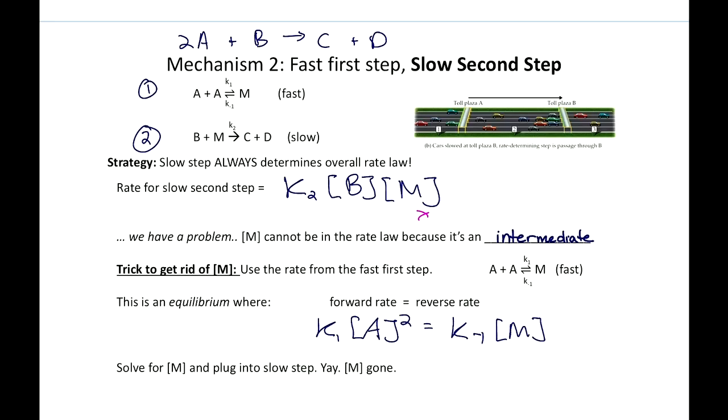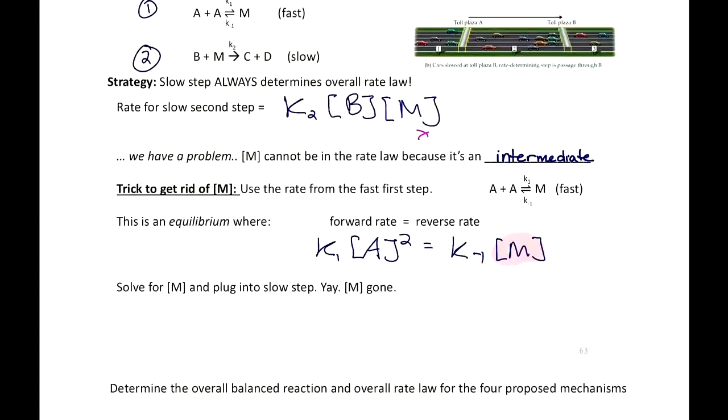Do you see where we're going? Now we have this equation that has the M term. So what I'm going to do is solve for M, and take that and shove it into the original slow step. That's it. If we solve for M, M is equal to K1 over K negative 1 times A squared.